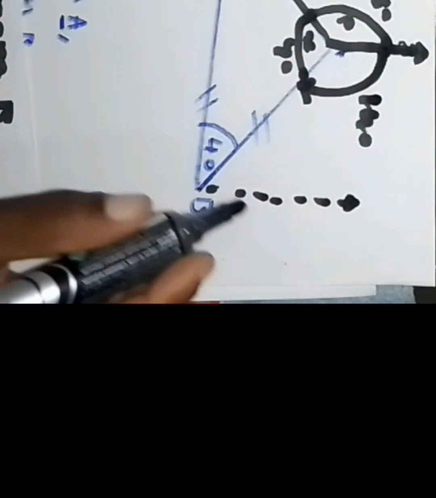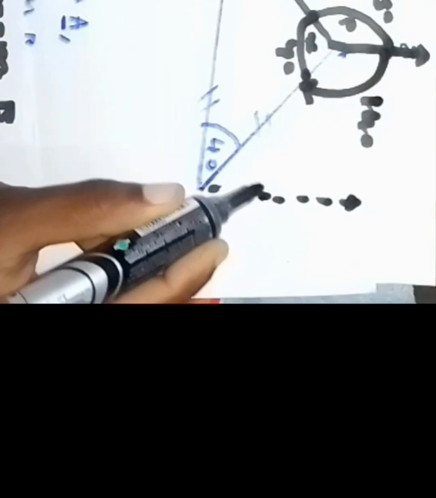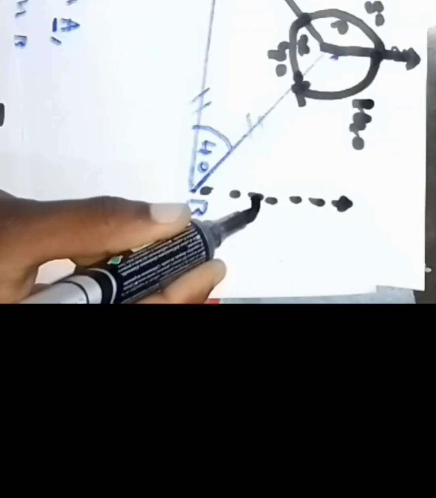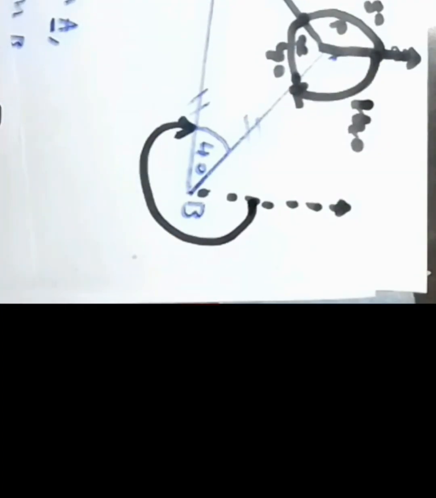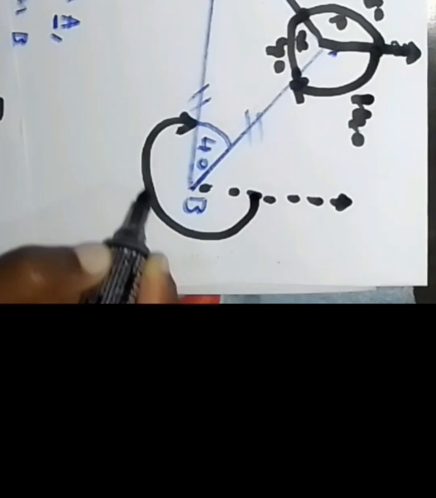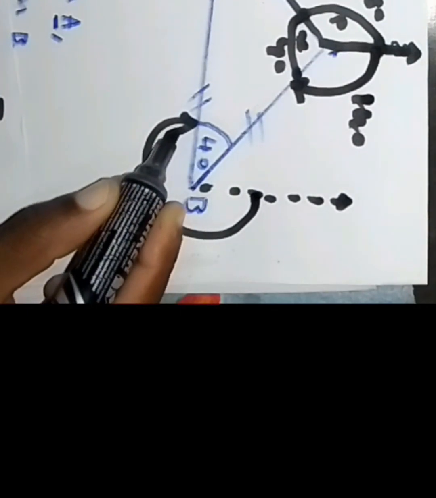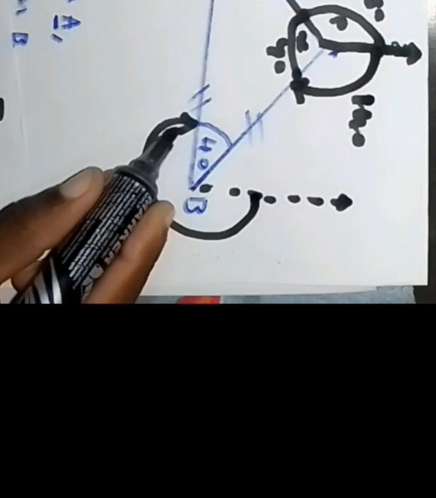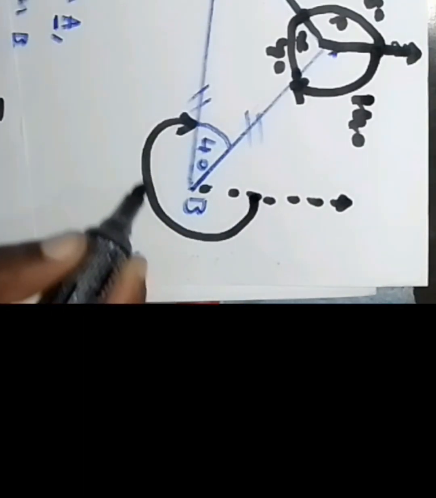We move from right to left, going where B is. Then we find the angle in which this movement was made.